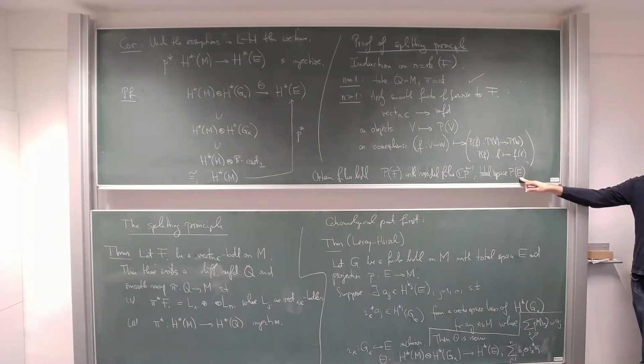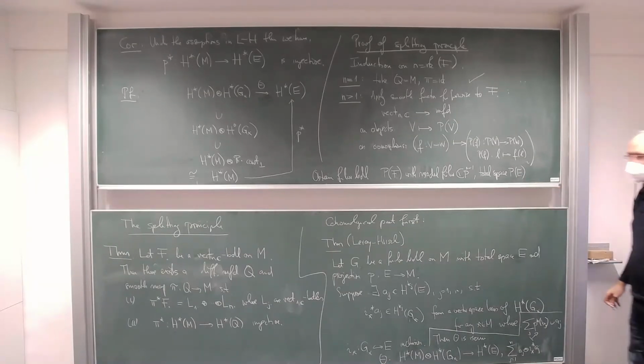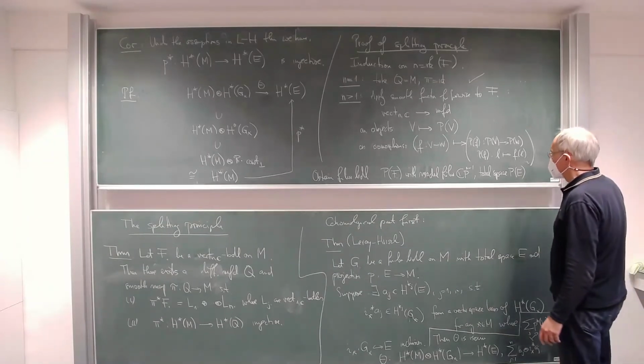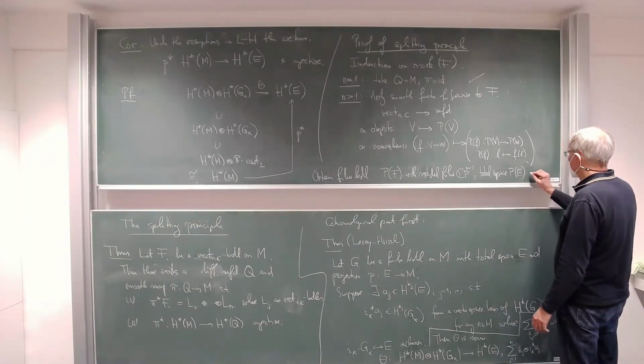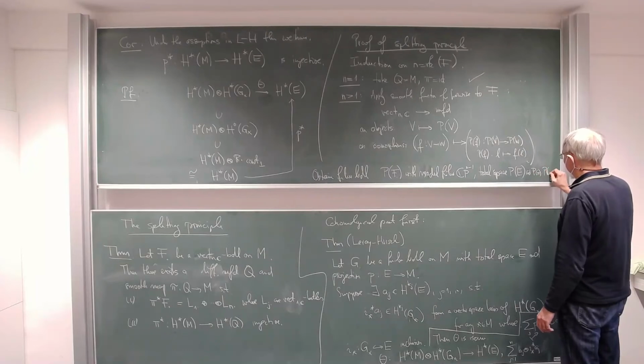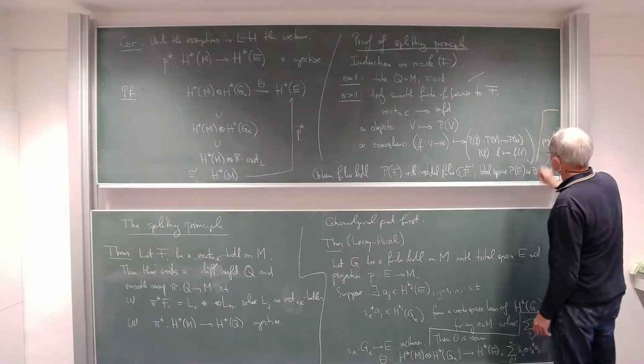E is the total space of a bundle, and this is the fiber-wise projectivization. But let me just define this as P of E. It's the total space of this projective space bundle, and let's say P of pi is the projection.